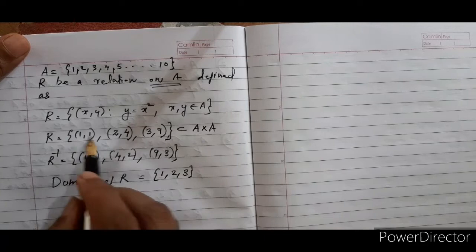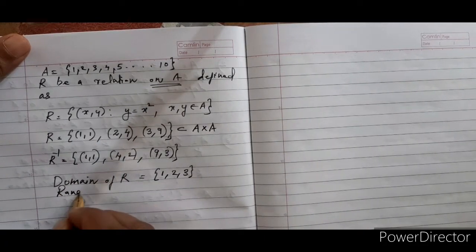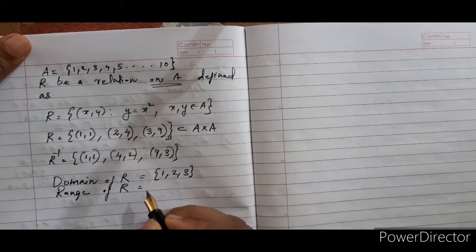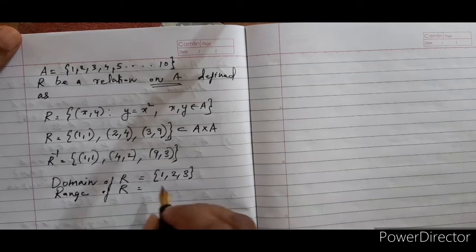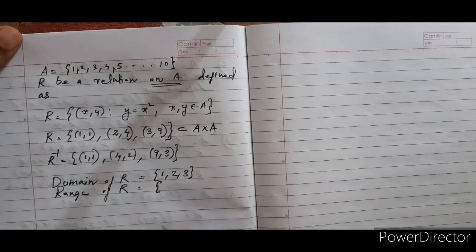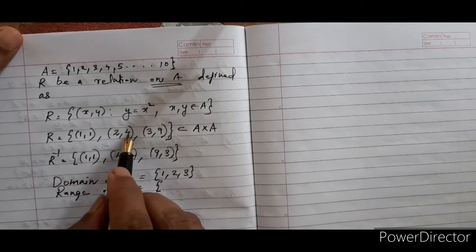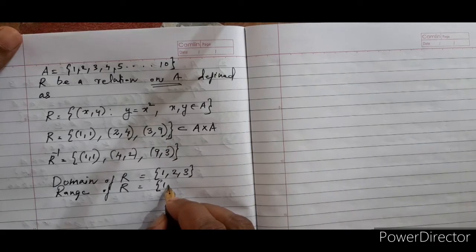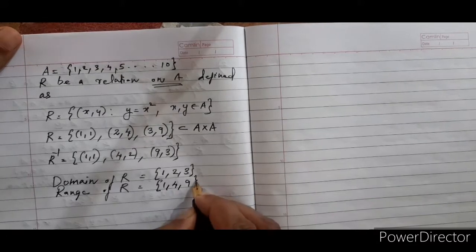Range of R. Range of R means set of all y coordinates of ordered pairs in R. Y coordinates means 1, 4, 9. So range of R is {1, 4, 9}.